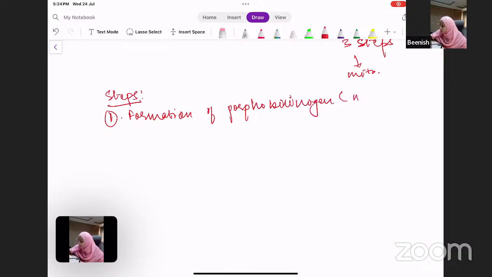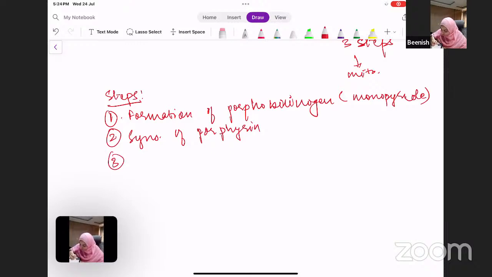This is a monopyrrole, that is, only one pyrrole. This is followed by synthesis of porphyrin, and then chelation of iron. So these are the three major steps.